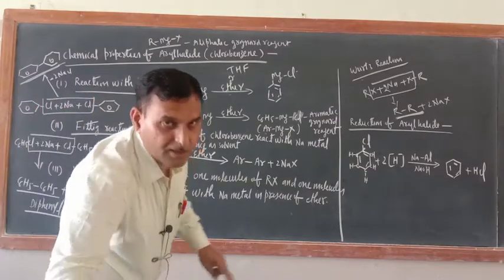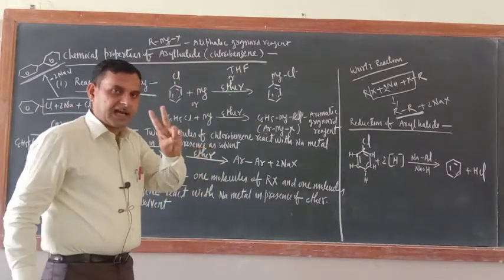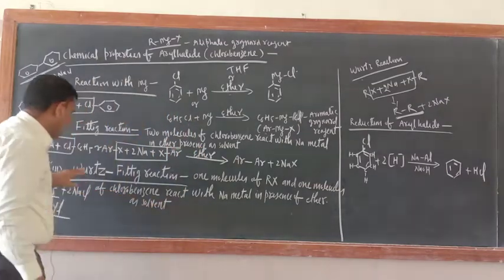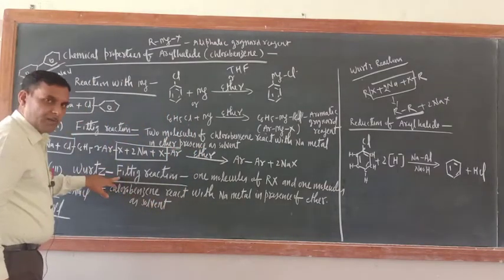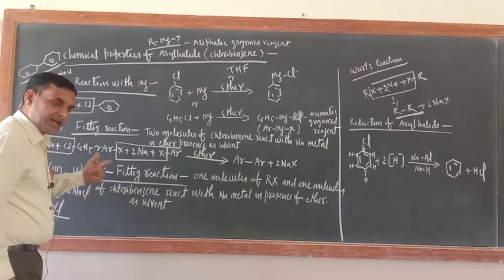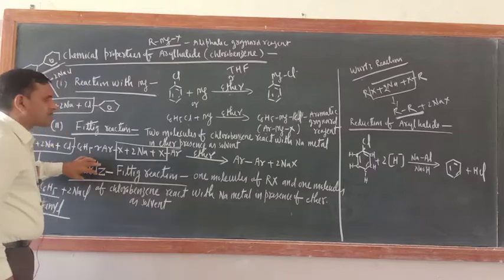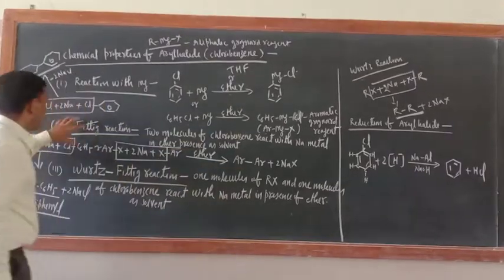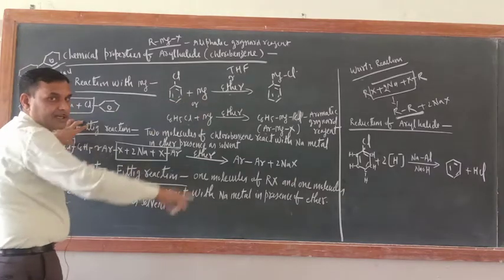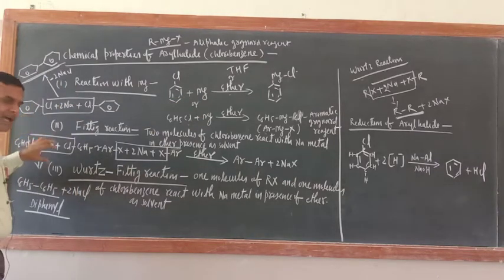Wurtz means alkyl halide. Fittig means aryl halide. So here in Wurtz-Fittig reaction, 1 molecule of aryl halide you will take and 1 molecule of alkyl halide. So this is the mixture of Wurtz reaction and Fittig reaction. In Wurtz reaction, alkyl halide we have taken. In Fittig reaction, aryl halide we have taken.